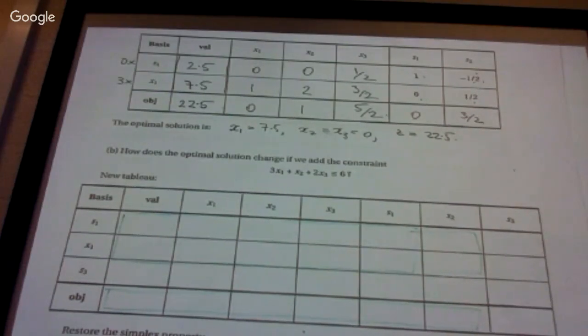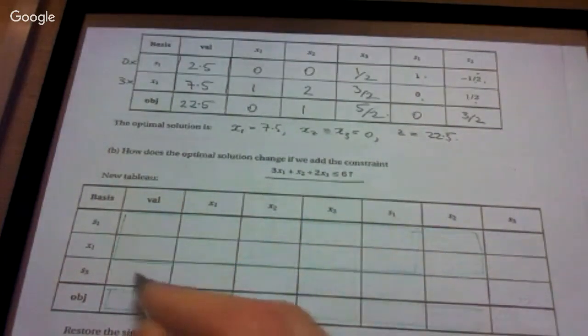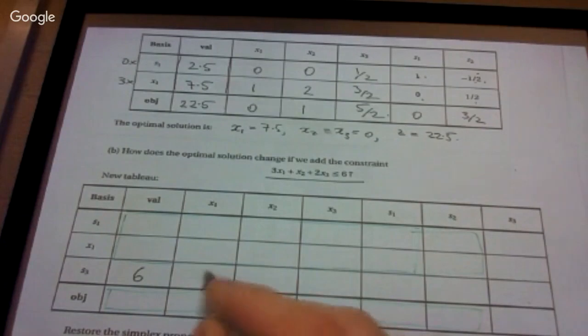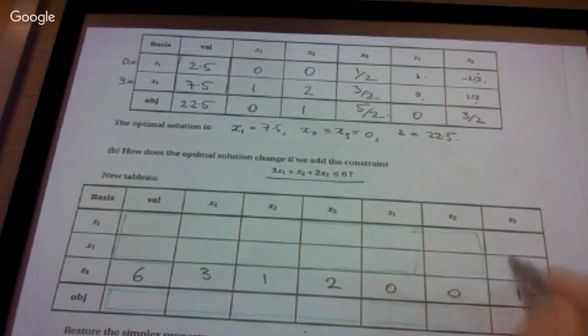But for the new row, you look at the new constraint, and it has 6 in here, and it has 3, 1, and 2, and this is associated with the new slack variable. So we get something like this.